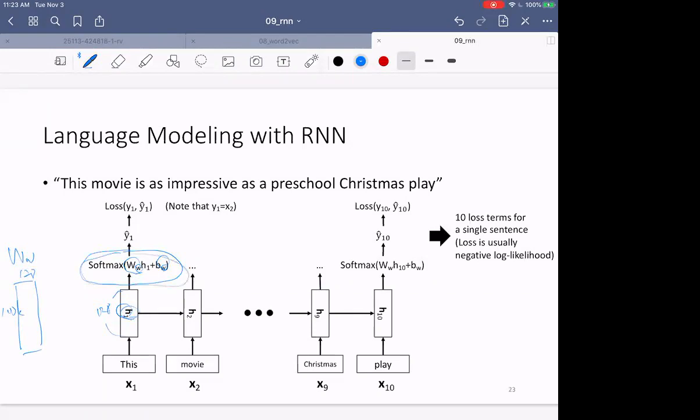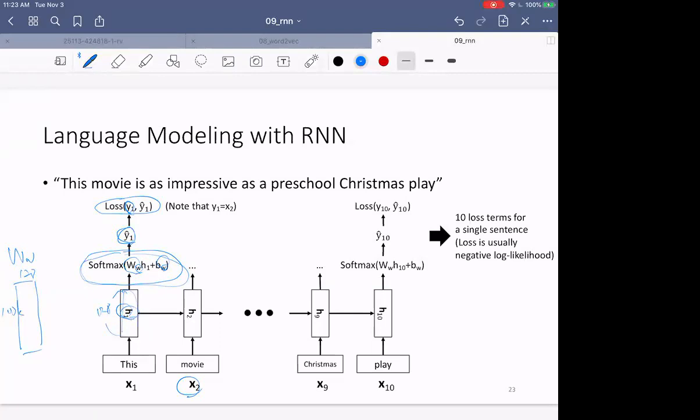So you need to have a softmax layer on top of your H1, and then you get Y hat, which is the prediction. And when you have the Y hat, you need to have the loss function, which is typically a cross entropy function, or negative log likelihood. And in order to compute the loss function, you need to have the true label, and the true label is Y1, which is exactly X2, because you need to be able to predict movie, the next word, at time step 1.